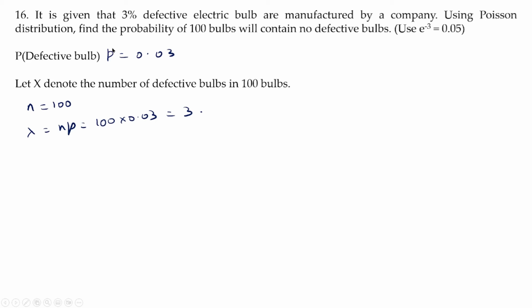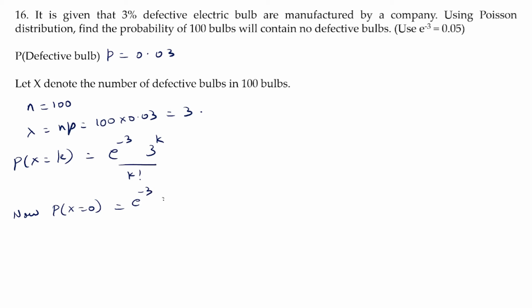Now we need to find the probability that 100 bulbs will contain no defective bulbs, meaning the probability of X equal to 0. There will be no defective bulbs in 100 bulbs. So for that, first let us write the probability of X equal to k. It is e raised to minus lambda, lambda raised to k by k factorial. Now the probability of X equal to 0 is e raised to minus 3, 3 raised to 0 by 0 factorial.